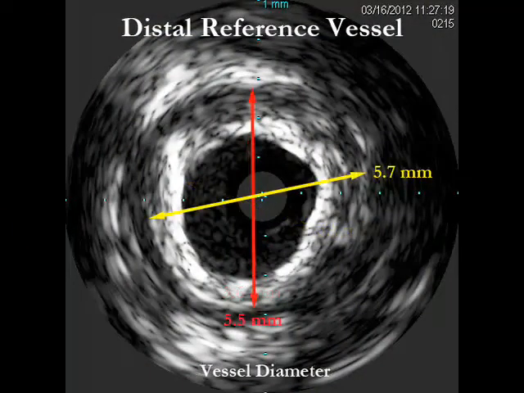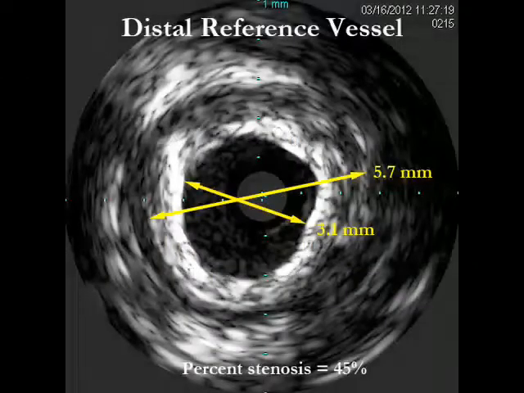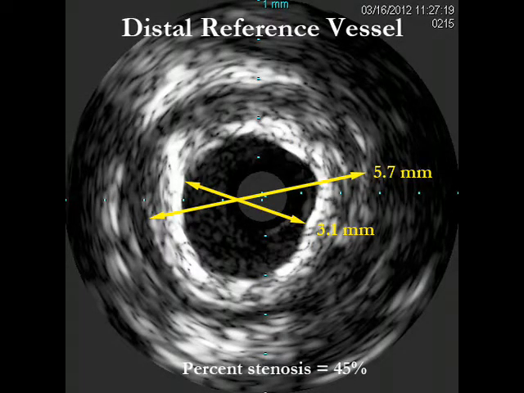Next, a cross-sectional diameter of the distal reference vessel, media adventitia junction diameter, which is equivalent to the vessel diameter, is obtained. Next, the cross-sectional area of both the distal reference vessel and lumen are measured by manually placing dots around the perimeter of interest. The measurements can then be used to calculate percent diameter and/or area stenosis.